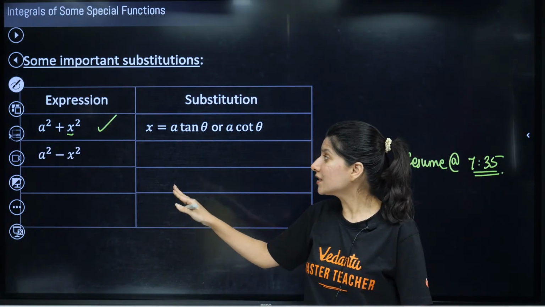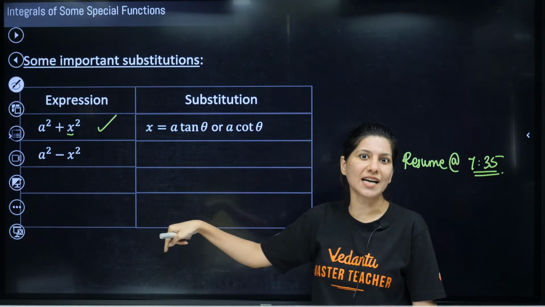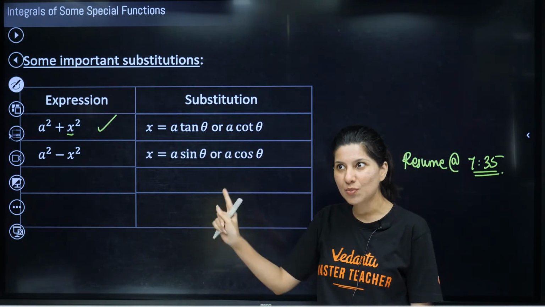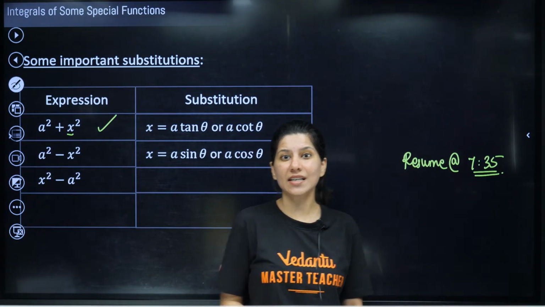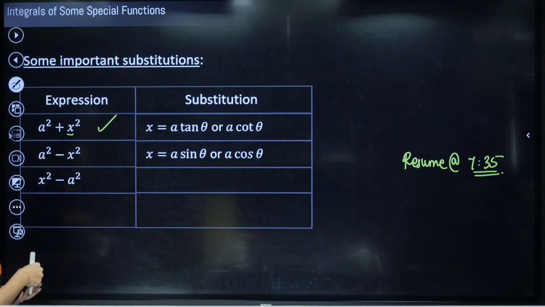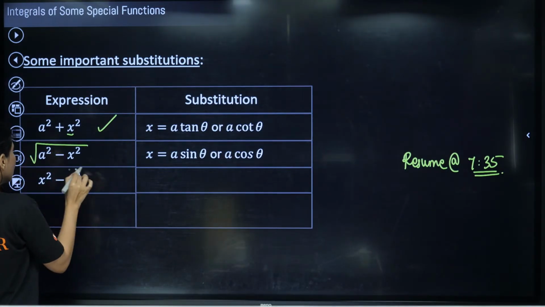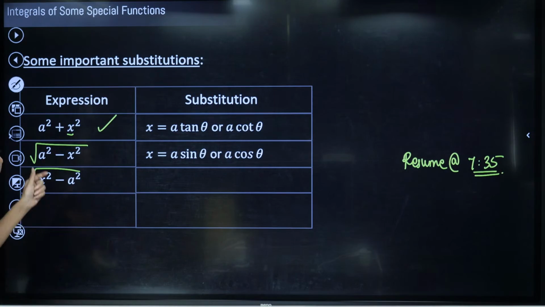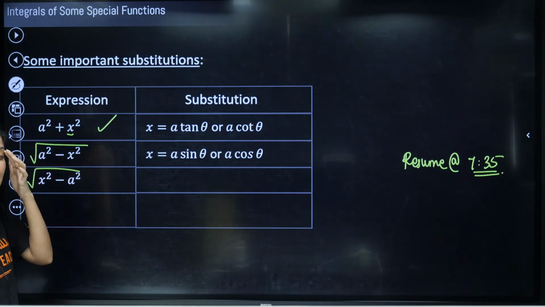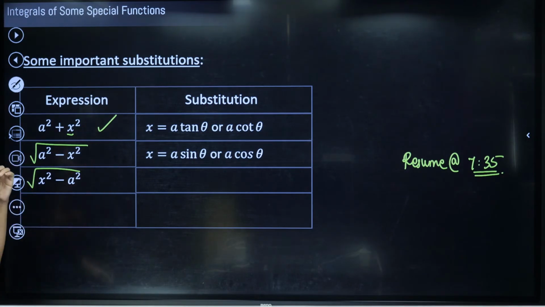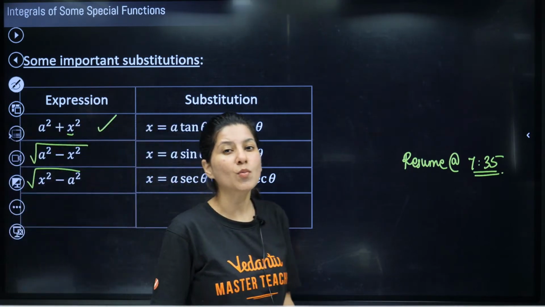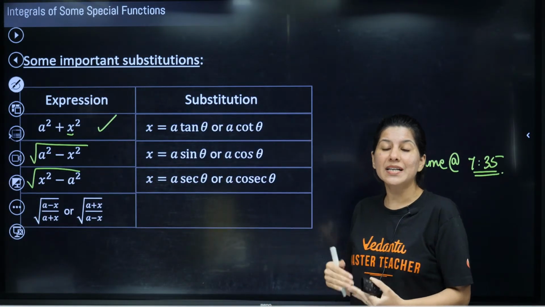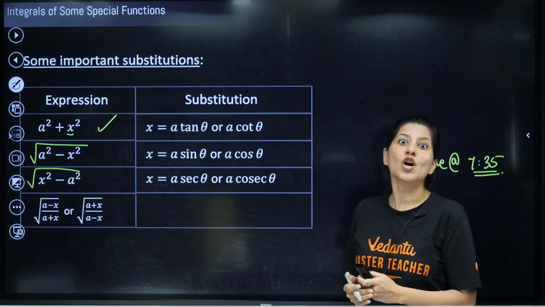The moment you see a square minus x square, now this time sine and cos, because 1 minus sine square theta. The moment you see x square minus a square, especially inside the square root, you cannot interchange them just by taking the minus sign common. Then what will you do? This time sec and cosec. And the last thing, which is very important: the moment you see both a plus x and a minus x, remember cos 2 theta.